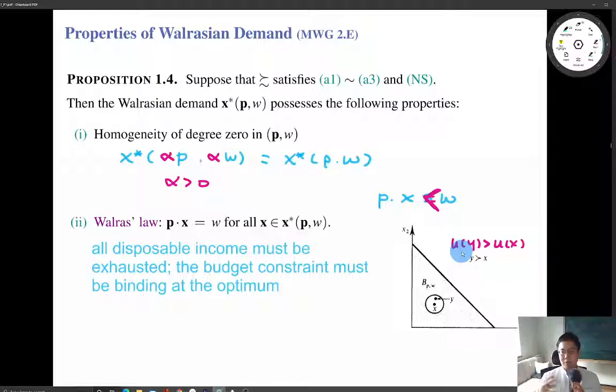That contradicts our presumption that x is the optimal bundle. And that contradiction gives us Walras' law. So if x is an optimal bundle, the budget constraint must be binding at that optimum.